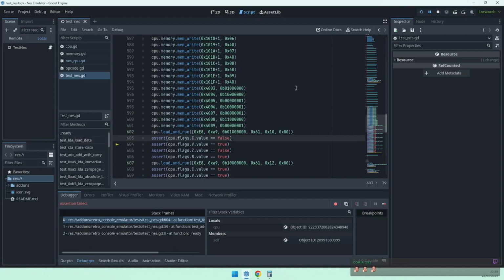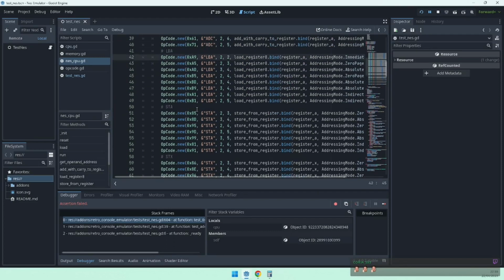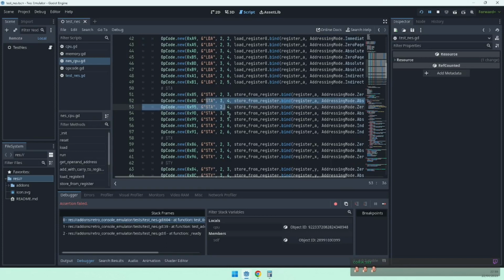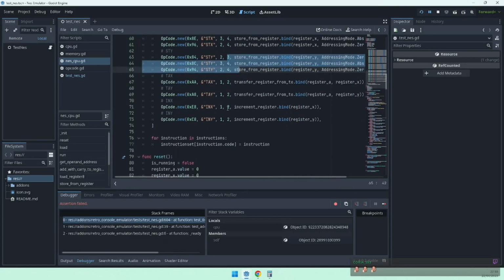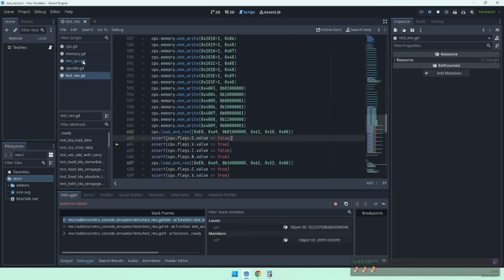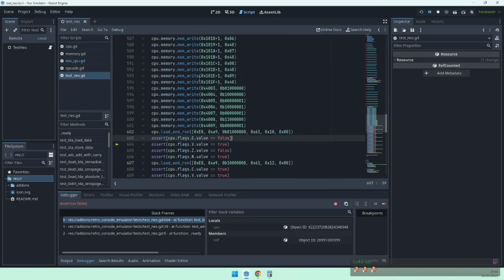So, a little context. We are writing the CPU for the NES emulator. We have a bunch of instructions. We have load, we have store in memory, we have set register, transfer register, increase register, and right now I am writing tests for the last instruction that I wrote, which is add with carry.